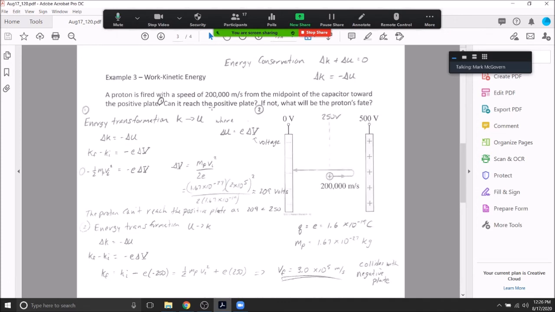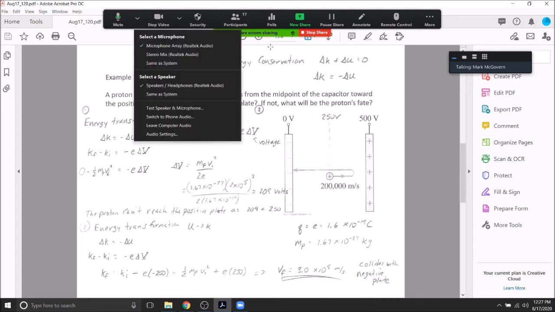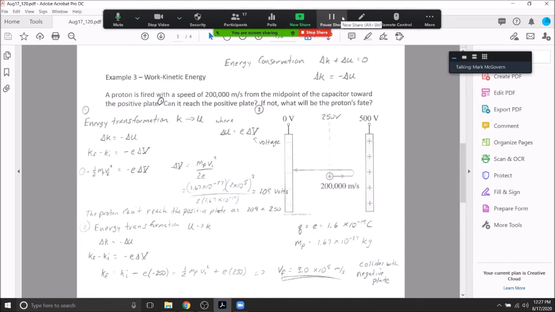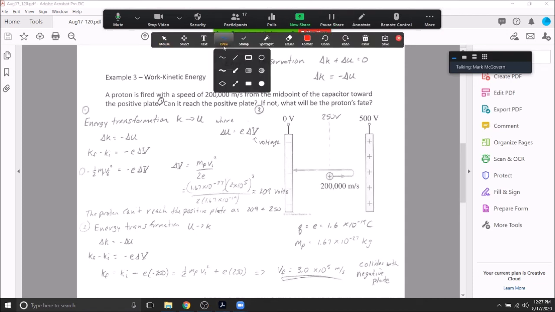All right, example 3. This is an energy conservation example. Again, you're not familiar with all the physics here because you haven't had this yet, but we have a parallel plate capacitor, charged to 500 volts. What that does is it produces an electric field that will point to the left like this.